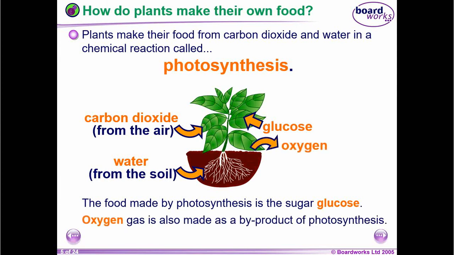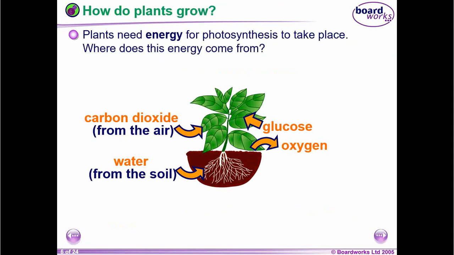So the plants use carbon dioxide from the air and water from the soil, and they make food, which is glucose, and they produce oxygen, which is important for us to breathe.